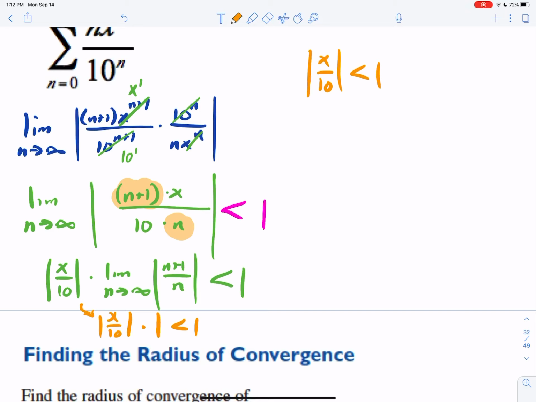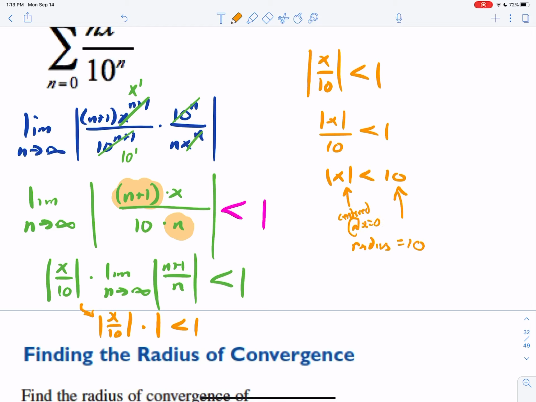That 10 you could actually move over by multiplying by 10, and you would get this. Now that I have a simple linear on the left, that tells me that my radius is 10. And that's it. Okay? It's centered at 0.